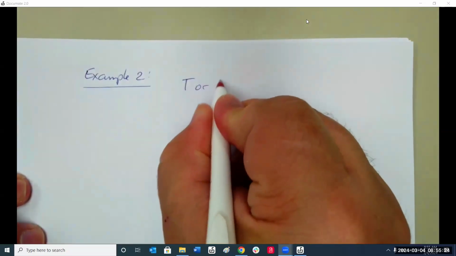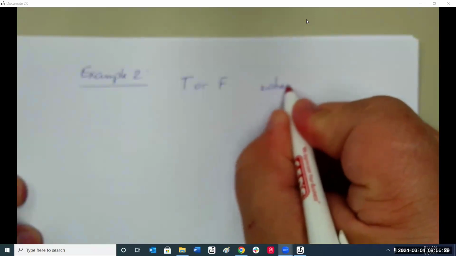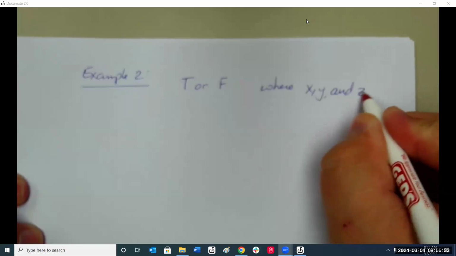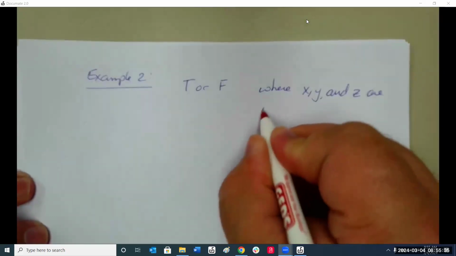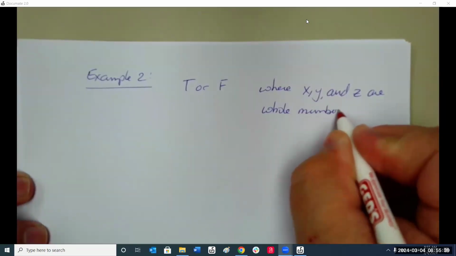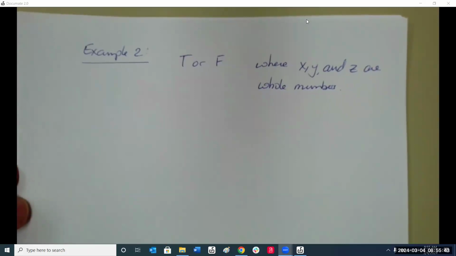Classify each of the following as true or false, where X, Y, and Z are whole numbers. If the statement's true, prove it. If it's false, find a counter example.